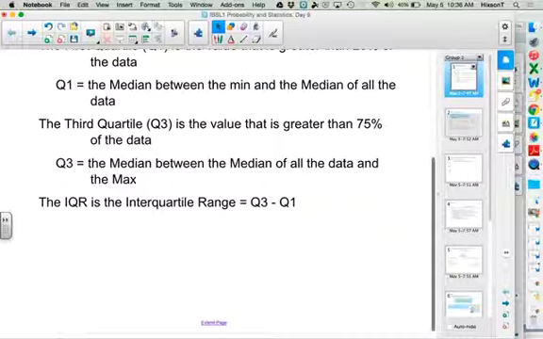The IQR is the distance from the first quartile to the third quartile. So we subtract those two values. Inter means between or within, so it's the range within the quartiles, or between the quartiles.